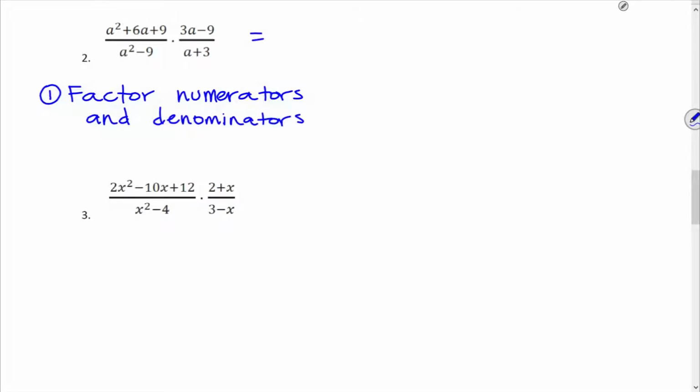So a squared plus 6a plus 9 is a trinomial. It's what we call the ABC method. I'm looking for factors that multiply to be 9 and add to be 6. And that is 3 and 3.